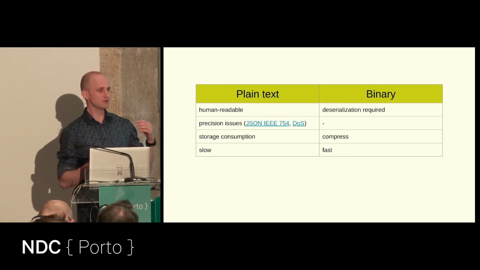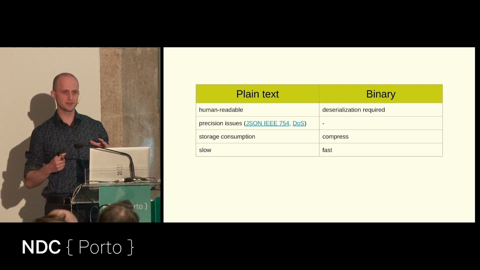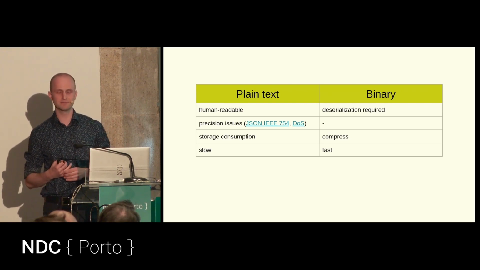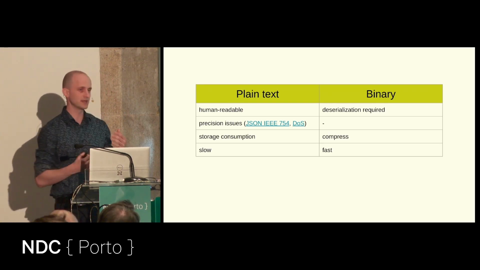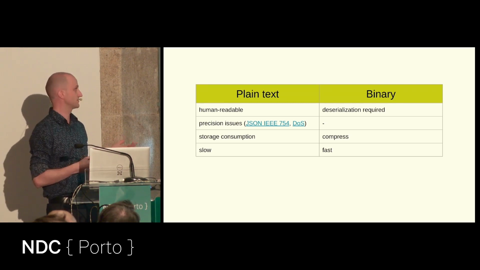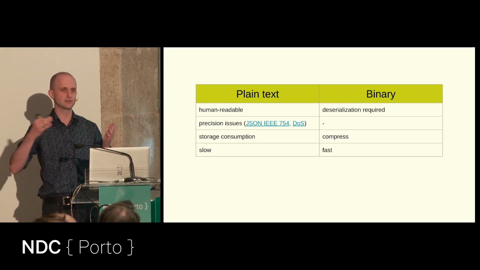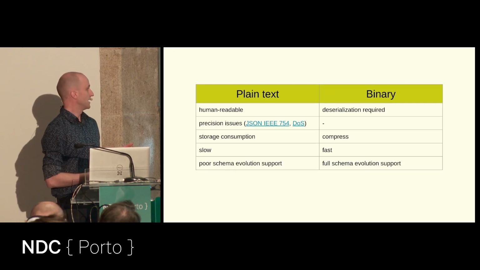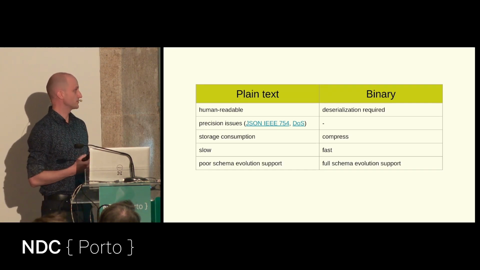Most of the benchmarks are pretty consistent. Binary serialization is much faster than plain text serialization, and this shouldn't be a surprise, because in the case of plain text serialization, a lot of additional steps are necessary. And the last point, a really important one: full schema evolution support.